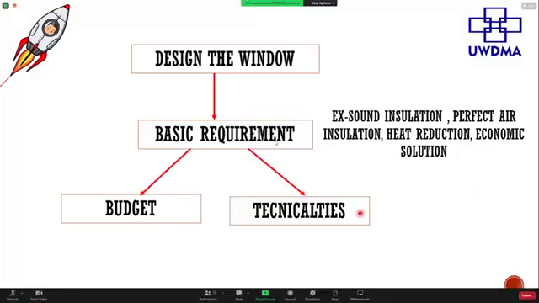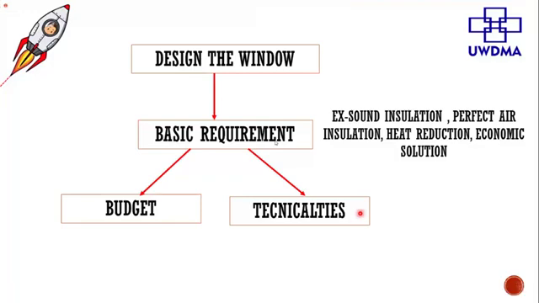Normal requirements are based on budget and on technicalities, because there are two types of clients. One is very price conscious, especially if we talk about builders, the people who just need to make a flat.